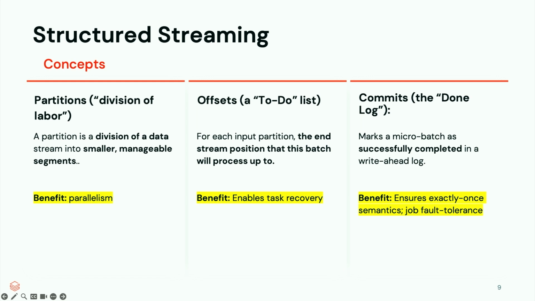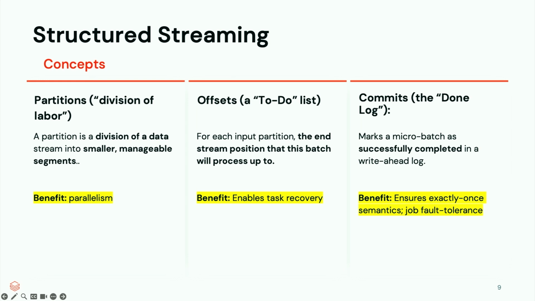The next concept is offsets. This slide calls it a to-do list. For each microbatch, Spark is querying the source system, or in this custom PySpark data source, you could have custom logic that figures out the range of data it will process from each source partition.